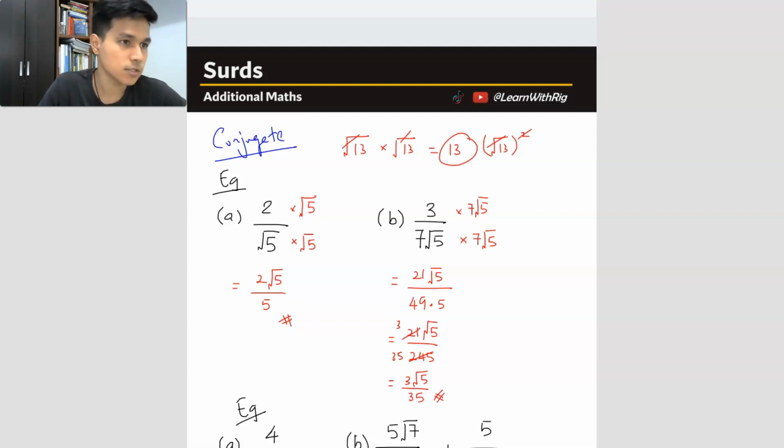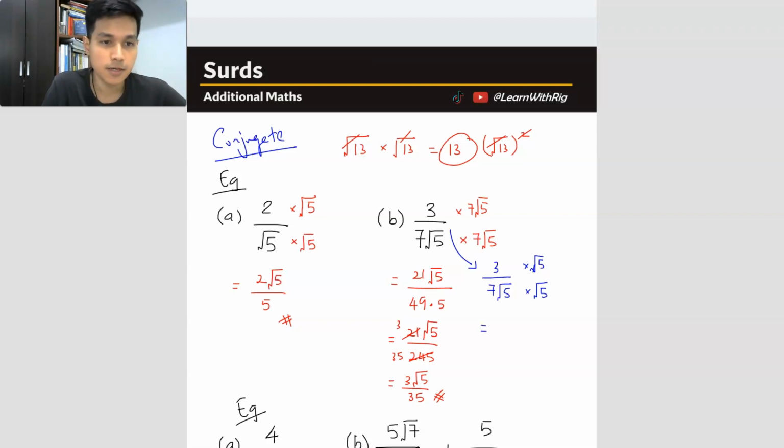Now some students, if they are more experienced or more familiar with this, what they can do is, instead of multiplying 7√5, they can straight away multiply by √5. You don't have to multiply the 7, because you just want to remove the √5.